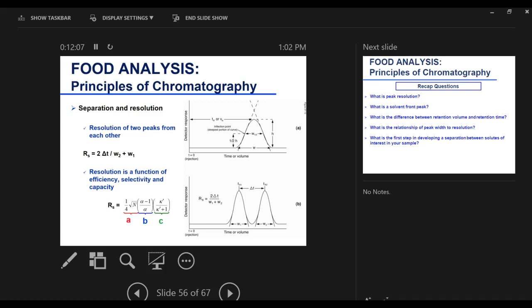Important in determining resolution is retention time. Another important factor is the width of your chromatographic peak. The narrower the width, that means the sharper the peak, the better your chances of getting resolution. The broader the peak, the lower the chances of getting resolution.